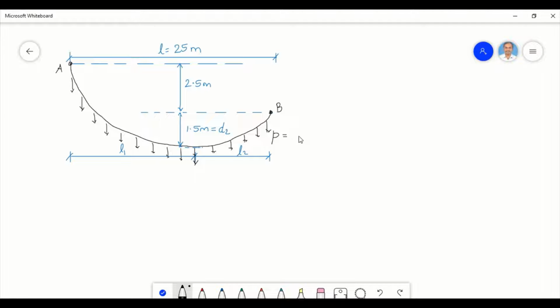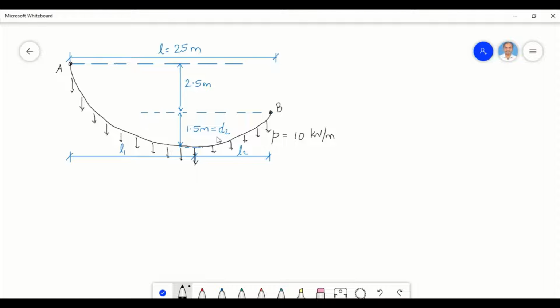So the value of P we can take as 10 kilonewton per meter, and it is loaded throughout the span. The maximum dip in the cable from the left support is 4 meters. So from A, this maximum dip is 4 meters. So from B, it is 1.5 meters, which is the value of D2.